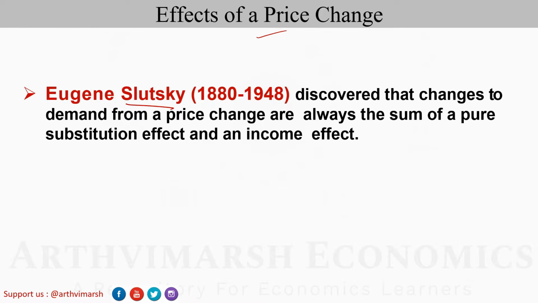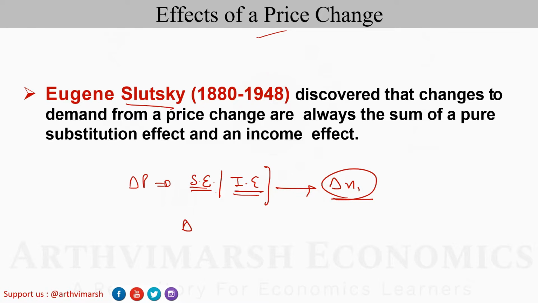He explained that if the price changes, it is because of either the substitution effect or the income effect, both working simultaneously and resulting in the change in demand of the commodity. So our change in demand of a commodity because of the change in price of a good, it can be good 1 or 2 or both as well, is specifically going to be a result of these two effects working simultaneously, that is the substitution and the income effect. So we'll be looking into these now.